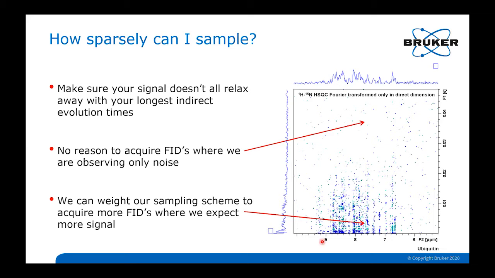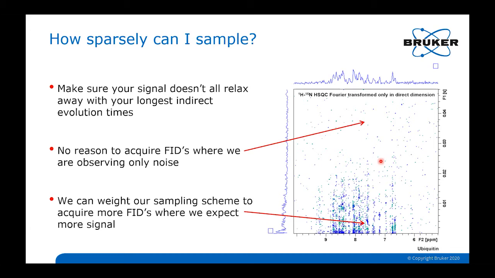Here I've Fourier transformed only the direct dimension, so in the indirect dimension we have the decaying effective FID. We can see that by about halfway through my indirect acquisition, the signal has decayed to noise. There was really no point in acquiring data on the top half of the spectrum, as I'm just acquiring noise there. So it only really makes sense to set my TD, or the number of FIDs in the indirect dimension, to stop where I'm no longer getting signal.